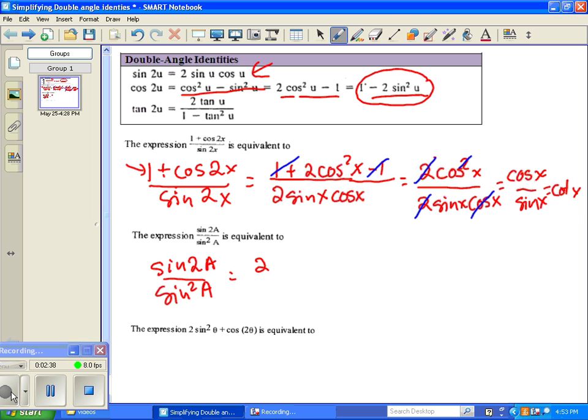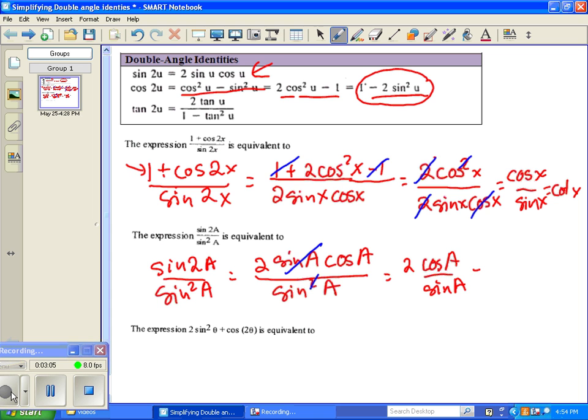So we have 2 sine of a cosine of a over sine squared of a. Okay, so now we just cancel the sine on top with one of the ones on the bottom. So now we have 2 times cosine of a over sine of a, and again we get to cotangent of a.